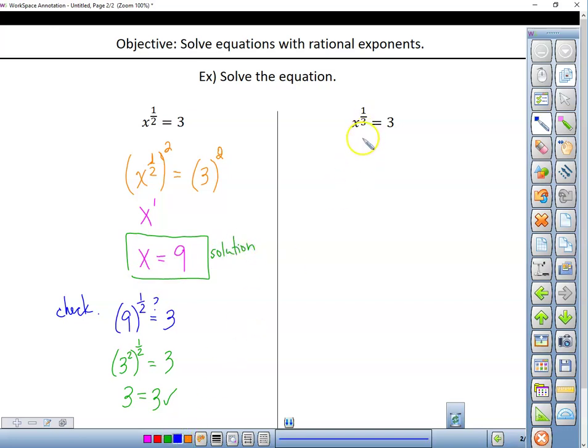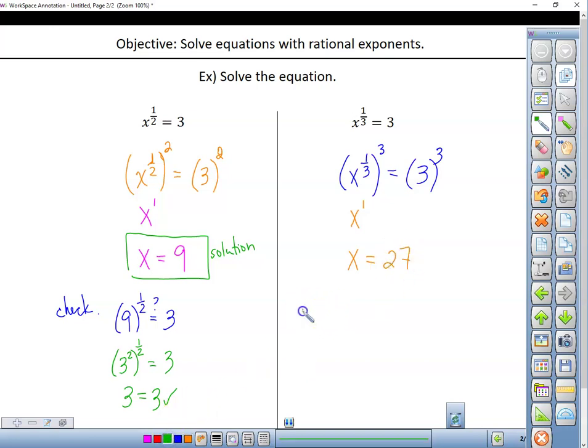Similarly, with the second problem here, we're undoing an exponent of 1/3. So the appropriate power we want to raise both sides to would be the reciprocal of 1/3, which would be 3. And then we have 1/3 times 3, which would be 1. X to the first power is, of course, x. 3 cubed would be 27.